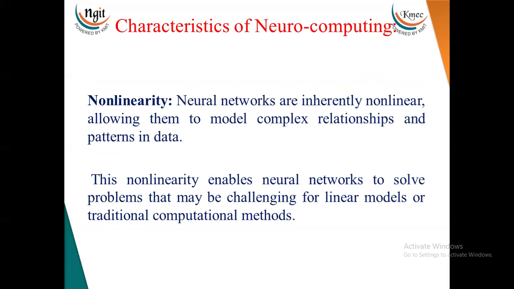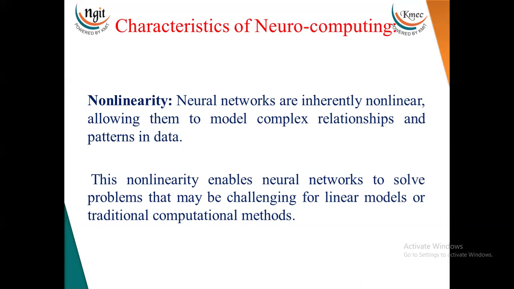Next one is non-linearity. What is meant by non-linearity? We know that linear means everything works in the same phase. Suppose you have linear problems and non-linear problems. In linear problems, the input will be the same for every task, and the output may also be the same. But coming to non-linear, it will take different patterns of data and produce different types of output.